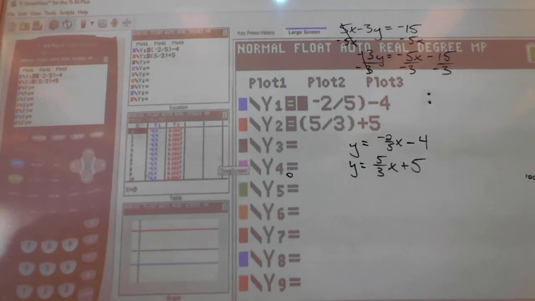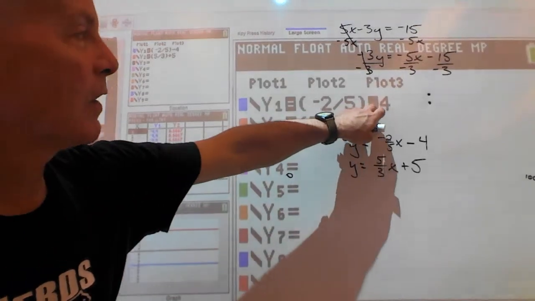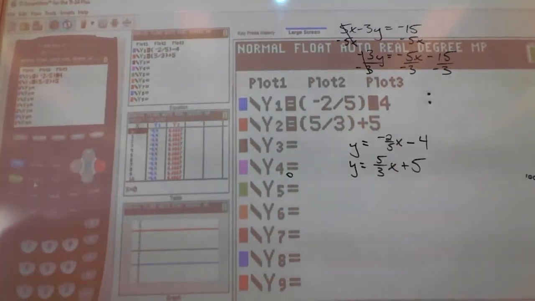Okay, so I'm going to just clean this up. This is embarrassing for me, but it is a good lesson. So, our equation is -2/5 x minus 4. I forgot to put that variable in. Some of you may have noticed that a long time ago, and you're probably laughing a whole bunch right now.